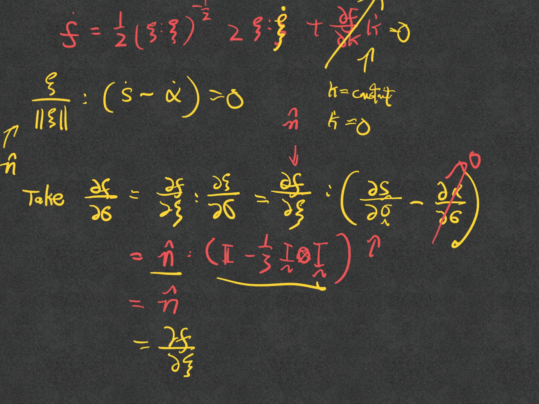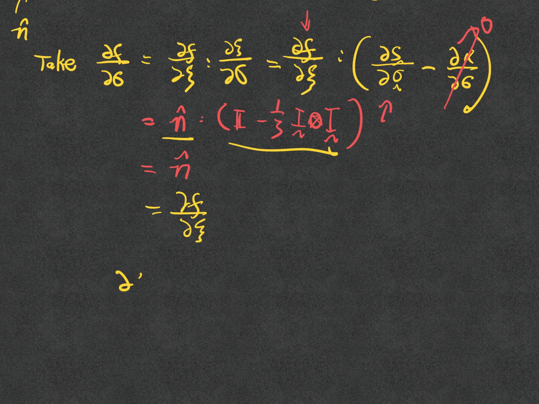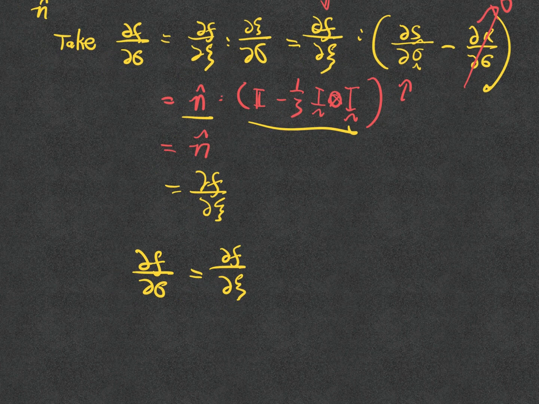Okay, so the important conclusion is that the plastic flow direction, the stress gradient, is equal to the stress gradient with respect to the renormalized stress that is corrected by the back stress.